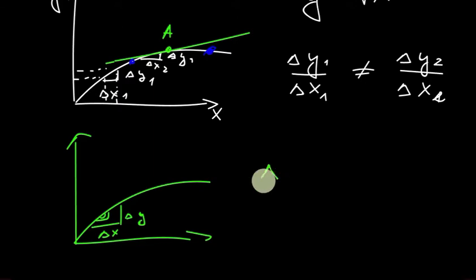So we say that our delta x approaches 0, and when our delta x approaches 0, we get the slope of the tangent line. I hope that's clear. So now let's move on to the definition of a derivative.